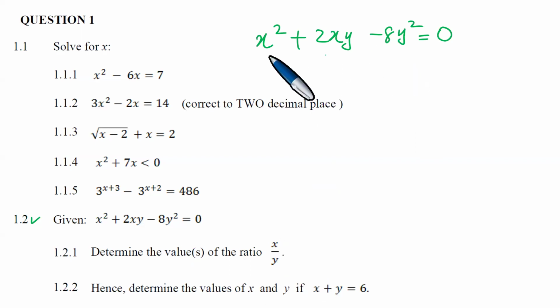What do we do now to find x over y here? We need to find x over y from this, but what do we do? What is the next step?